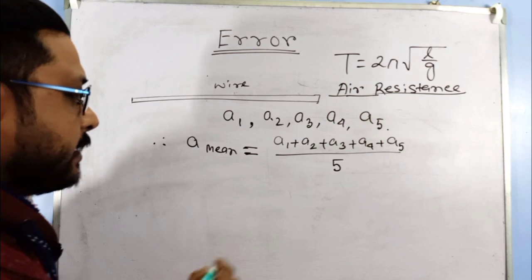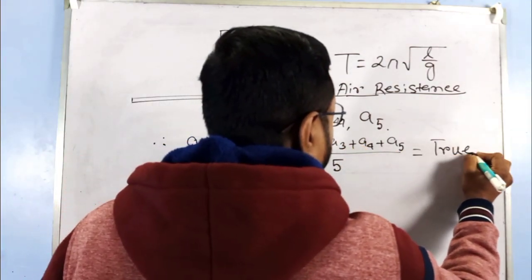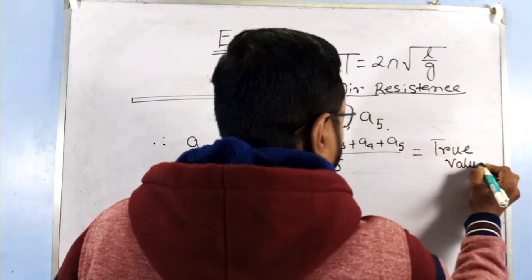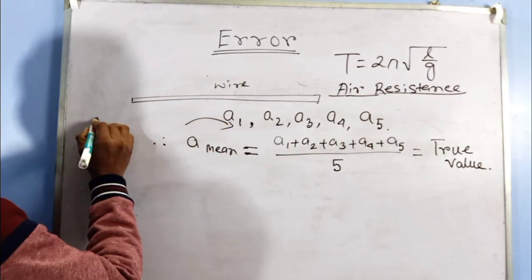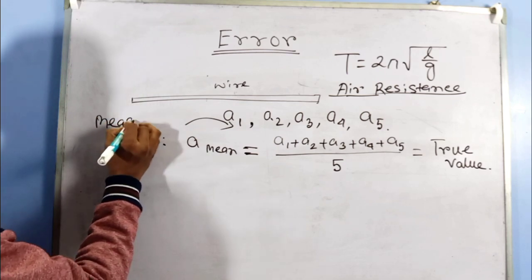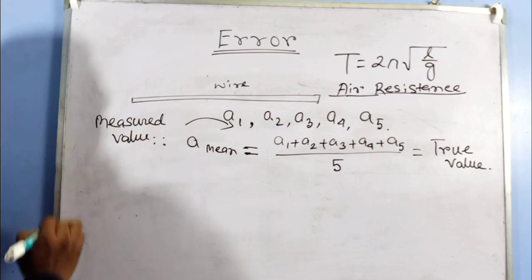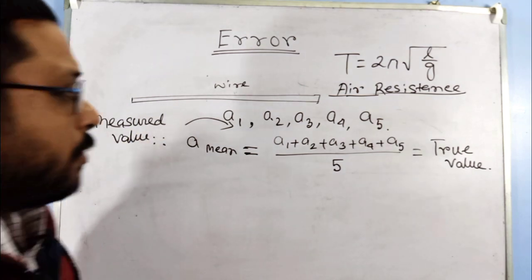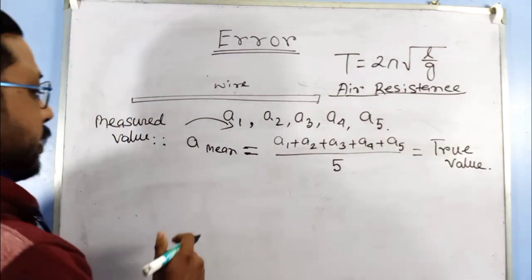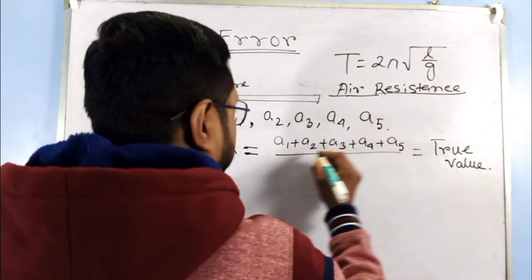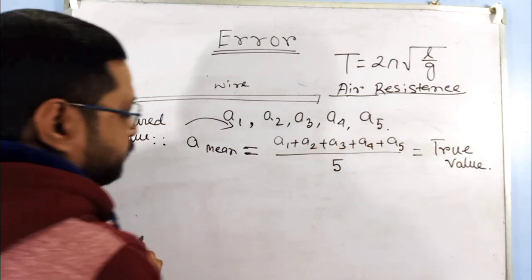Okay, this is called the true value, and A1, A2 are called measured values, as we measured them. The difference between true value and measured value is called error, and A mean is the true value or mean value.